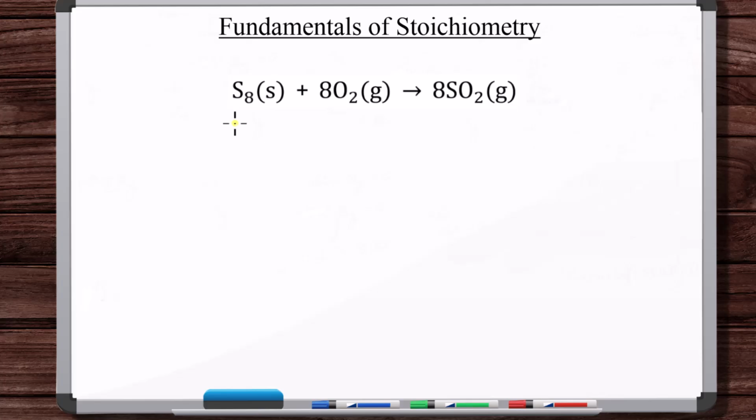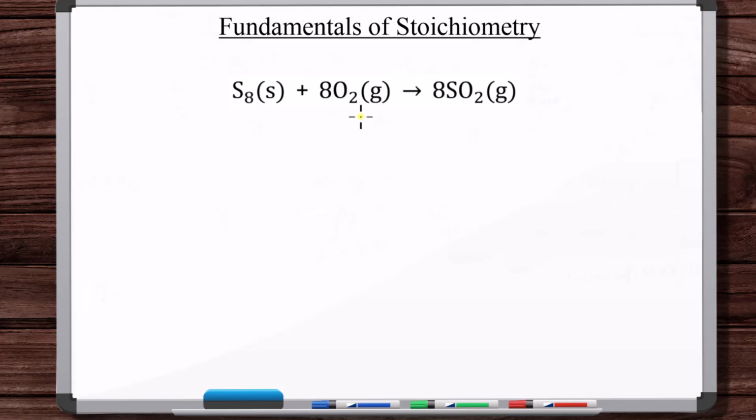So that's why stoichiometry, the heart of stoichiometry, is from the perspective of the mole. Looking at a chemical equation in terms of moles of atoms and molecules reacting and being produced.